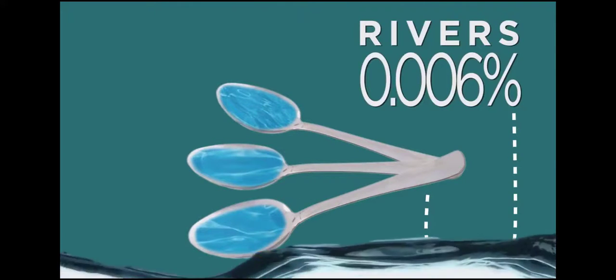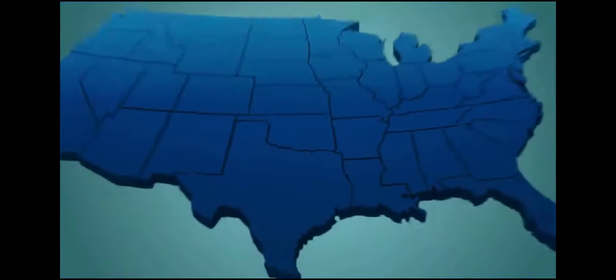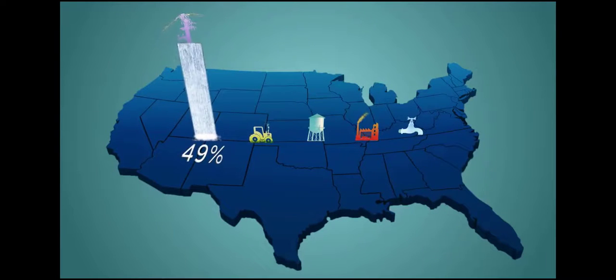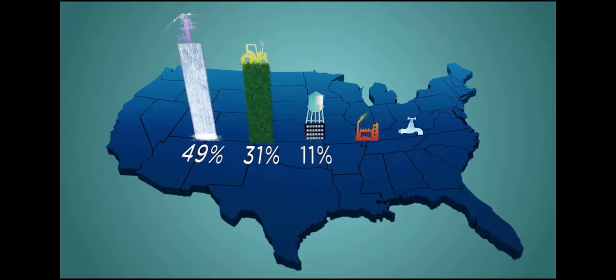There really is a small fraction of usable and accessible freshwater on this water planet, so how do we use that tiny pool? In the United States, about 49% is used in thermoelectric power production, while agricultural irrigation makes up about 31%. 11% goes to public use in our cities and towns, 4% goes into industry and manufacturing, and 1% is domestic use.